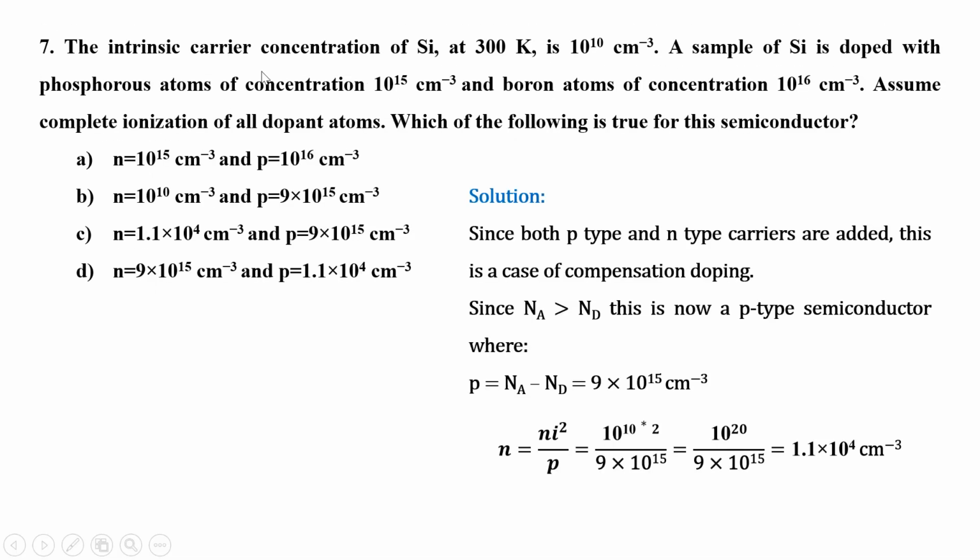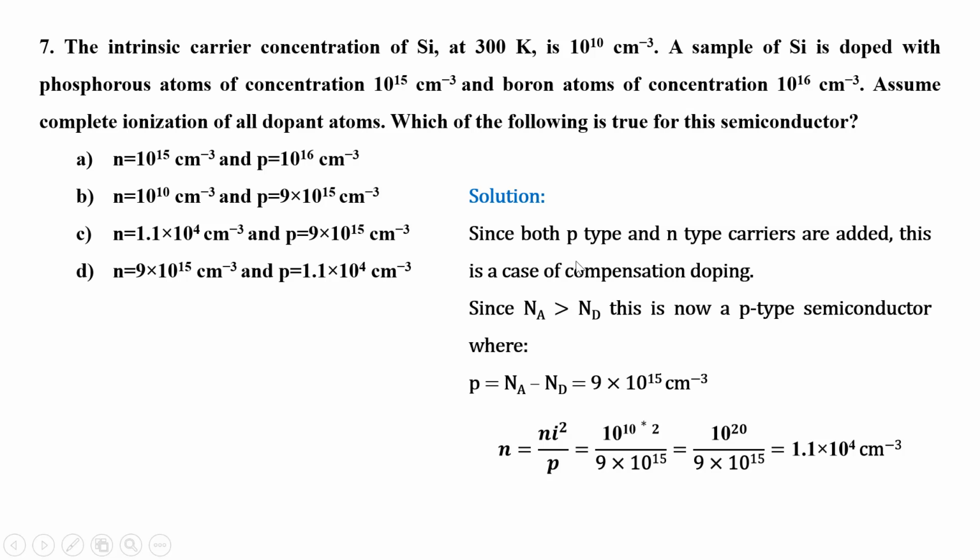So initially we have an intrinsic carrier, in which the value of Ni is given as 10 power 10. It is doped with both types of atoms, that is, with a pentavalent as well as a trivalent impurity. The pentavalent impurity is only 10 power 15, whereas the trivalent one is 10 power 16. So it becomes a p-type semiconductor.